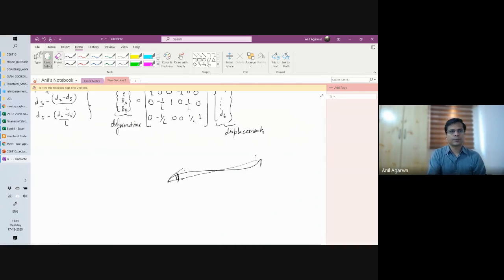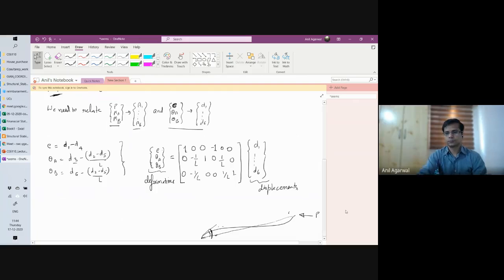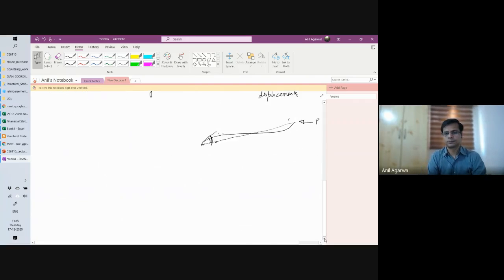So there is a force P acting here, and there is a force P acting here. This distance we can call delta, the vertical distance or lateral distance between the two joints.